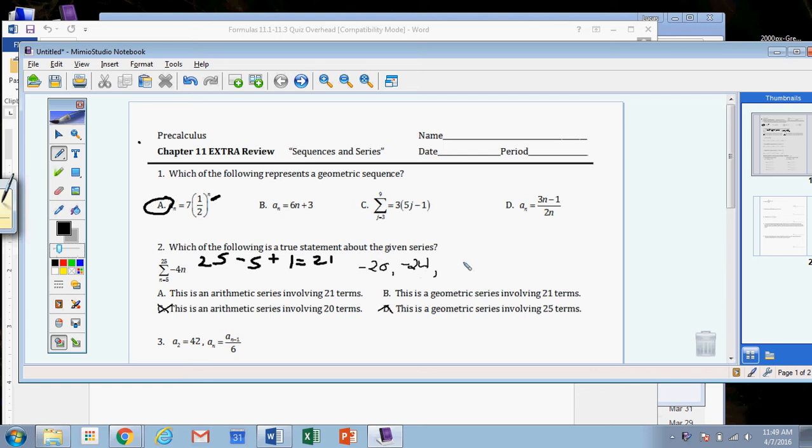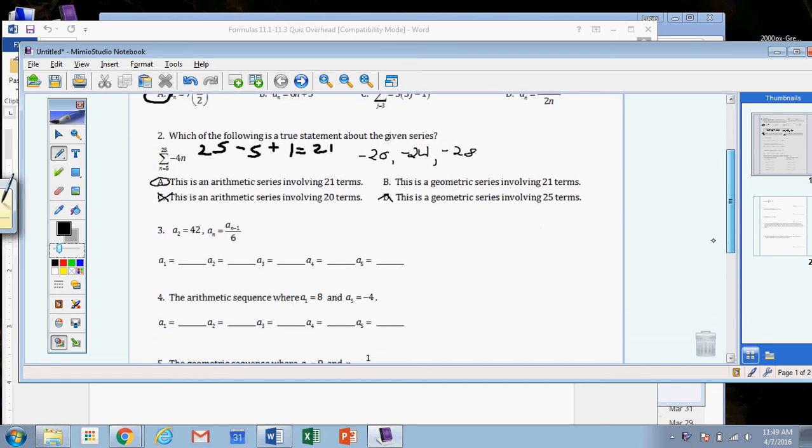And my next term, 7, would give me negative 28. And right there we can tell we're going from negative 20 to negative 24 to negative 28. So we're getting smaller by 4 each time. So we're subtracting 4 each time.